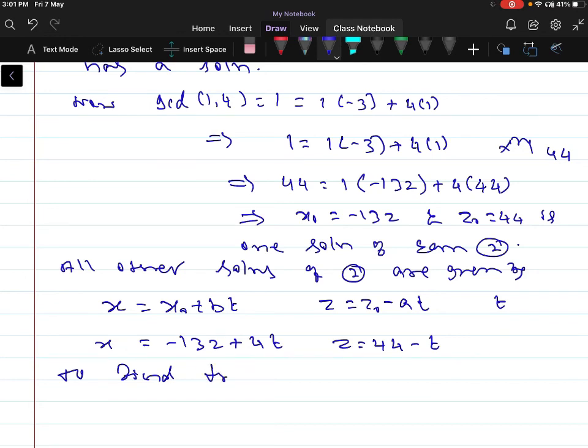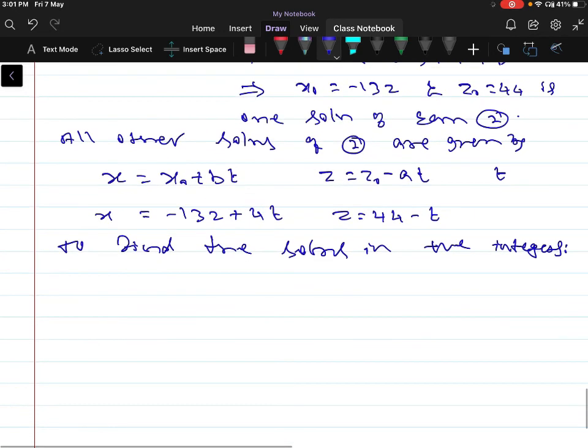So to find the solutions in positive integers, we know the inequality 6 is less than x less than or equal to 12. And z is the cost of the fruit, which is always positive.